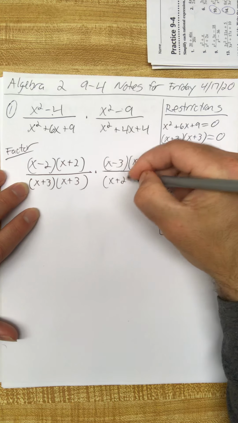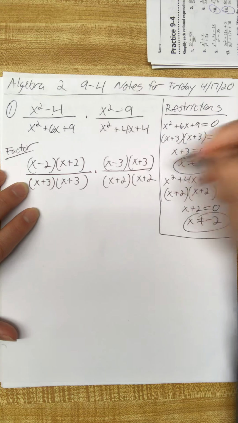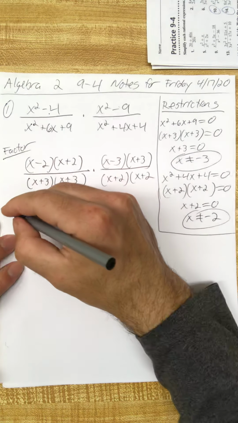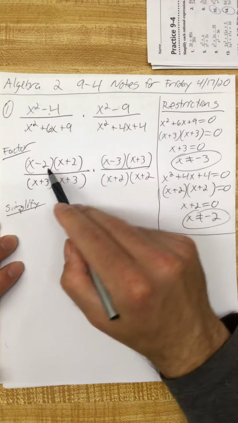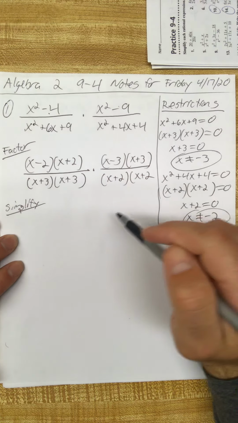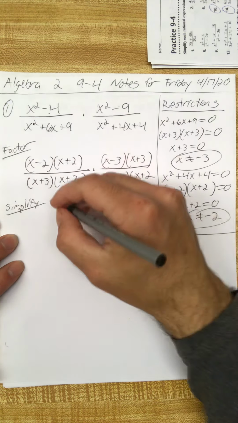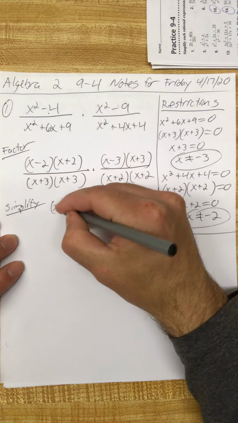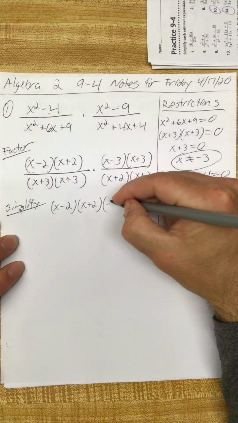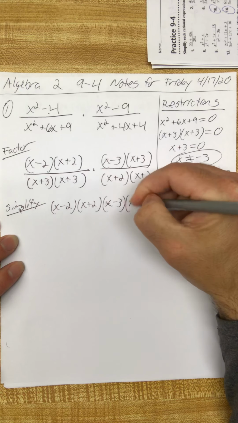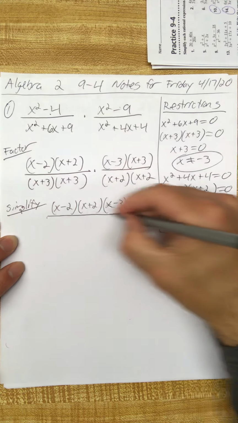And we already factored this into x plus 2 times x plus 2. When it comes time to simplify, you can skip this step if you just want to start reducing things down to 1 up here. That's fine. I just want to leave this looking nice so you guys can see it. But again, we have x minus 2, x plus 2, x minus 3, x plus 3.